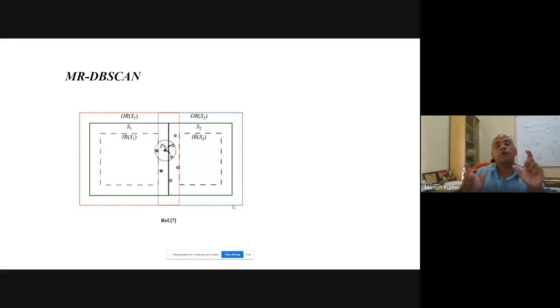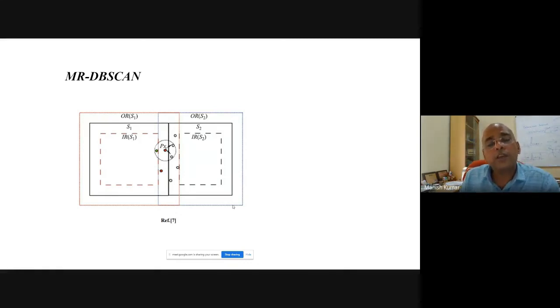So what we are trying to find out is the points within epsilon distance. This is my boundary, which is shared by S1 and S2. It might not be the exact same boundary, it could be at some distance as well. What we are trying to find out is, let us take a red point as px, go for epsilon distance, and then draw a circle of radius epsilon.